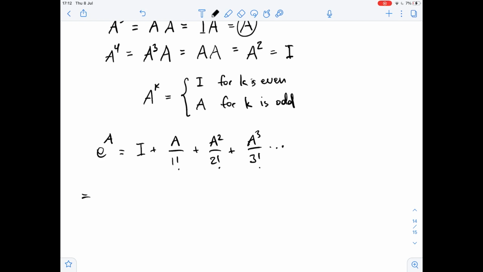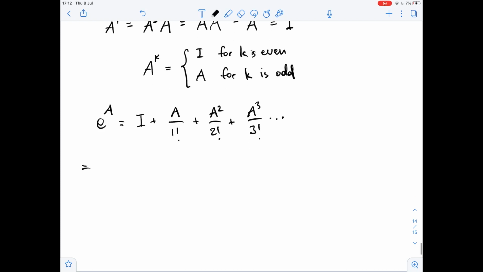In our case it equals a matrix where the first entry is 1 plus 1 over 2 factorial plus 1 over 4 factorial, and so on. The next entry is 0. Here we have 0.